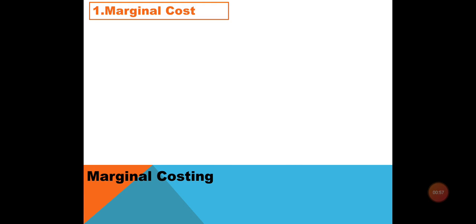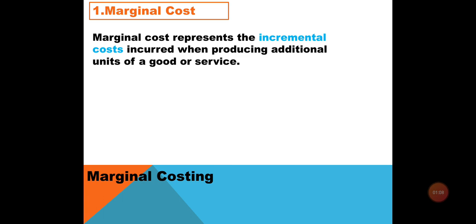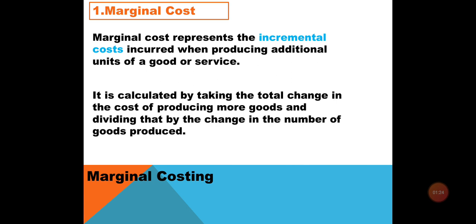What are those important concepts? I have brought them here, and one of them is marginal cost. What is meant by marginal cost? Students, here you can see that marginal cost represents the incremental cost incurred when producing additional units of a good or service.